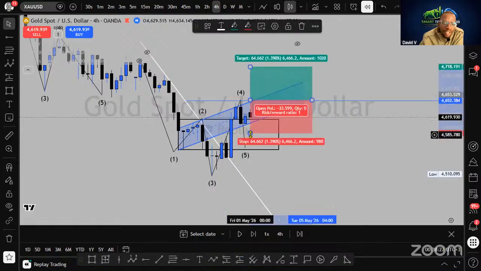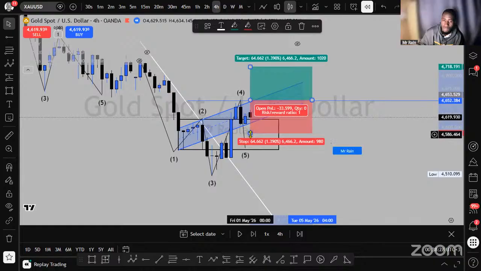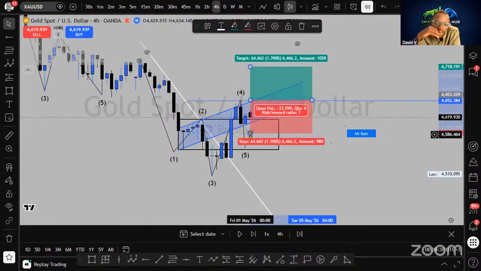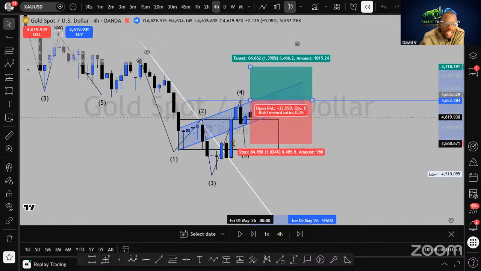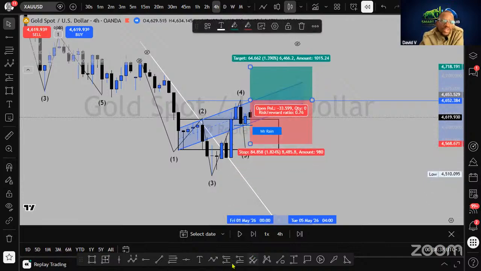Where do we place our stop loss? Below. Below that shoulder. Which shoulder? This one or this other one? That's where the trickiest thing comes in again.